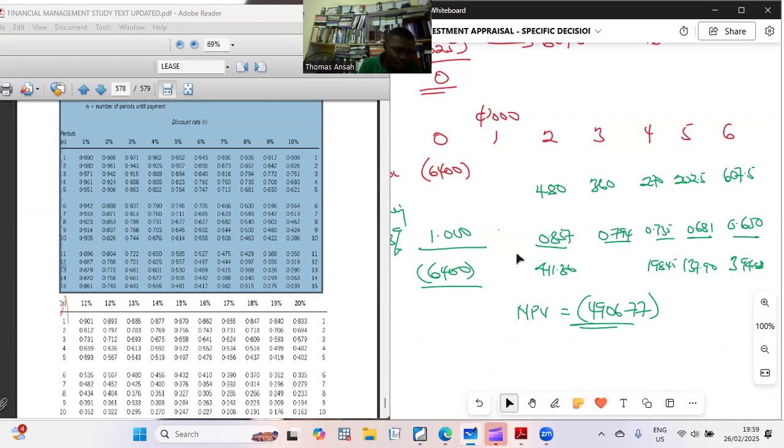All right, so let's say 360 by 0.794, that is 285.84. Interesting. So this figure will change slightly to what you probably have.